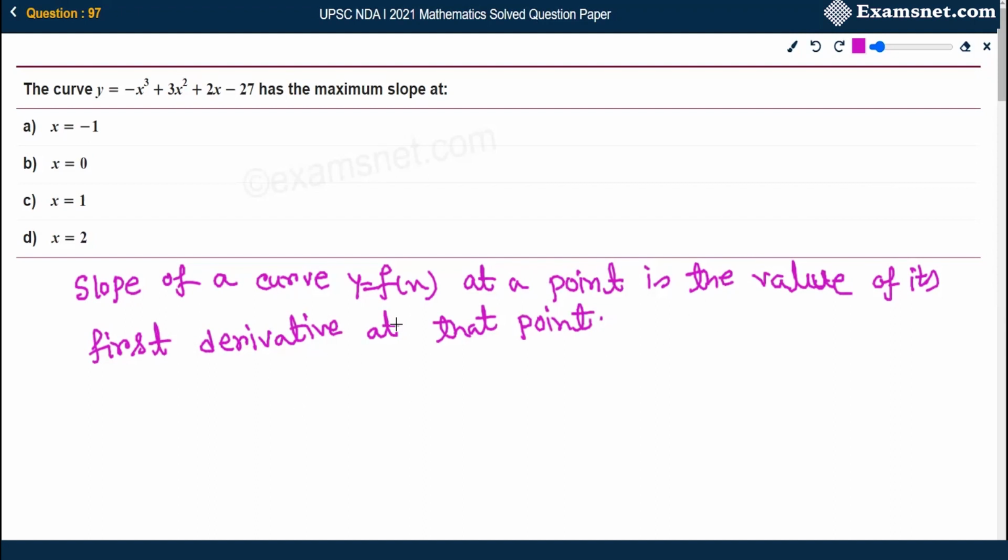Okay, so that is, since y equals f of x, m equals dy dx, or we can write d/dx of f of x, correct?